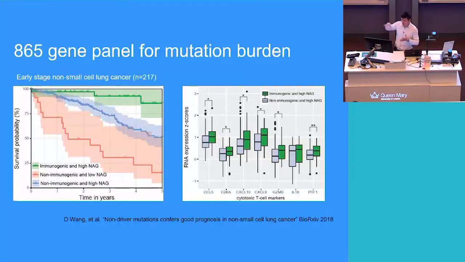Right? So this is just an example where we used the whole genome data to identify features related to a phenotype, right, and developed a prognostic biomarker that may be predictive of survival. Okay?